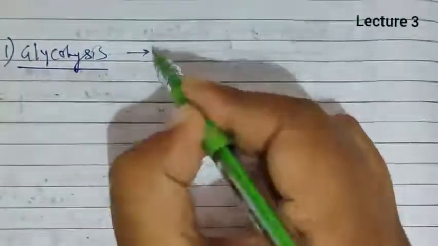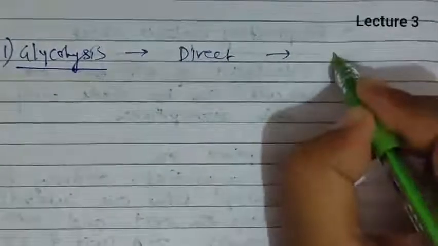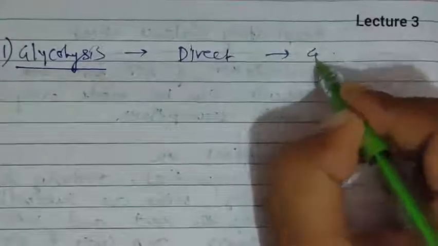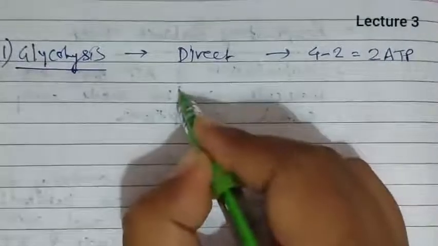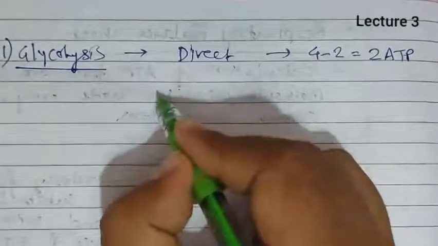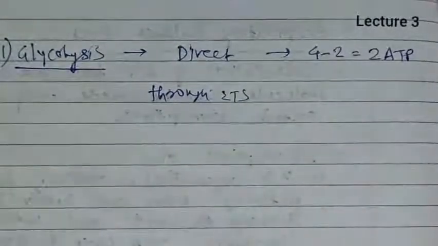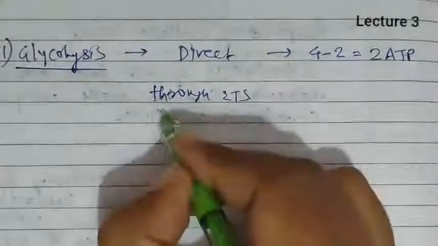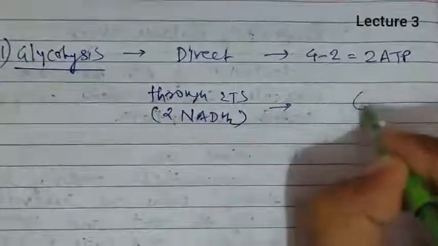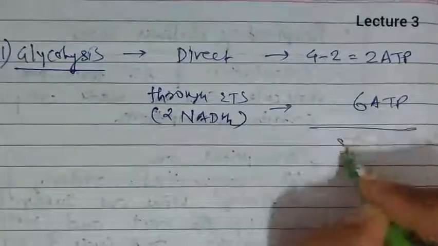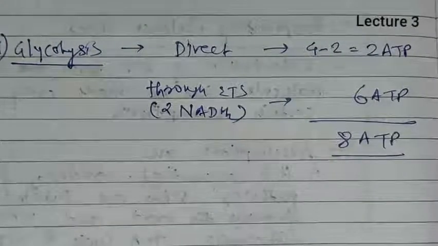In glycolysis, direct ATP obtained is 4 minus 2, so 2 ATP gained, and through ETS from 2 NADH2, that is 6 ATP. So a total of 8 ATP are gained from glycolysis.